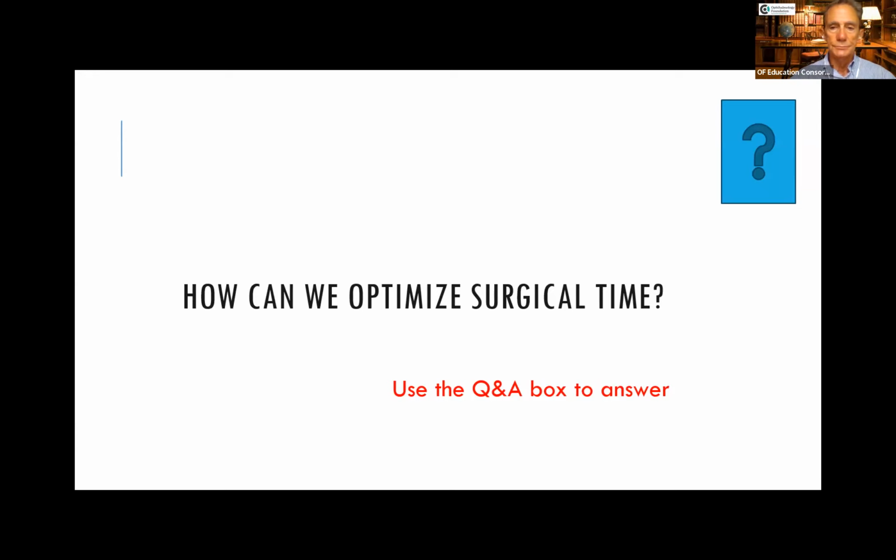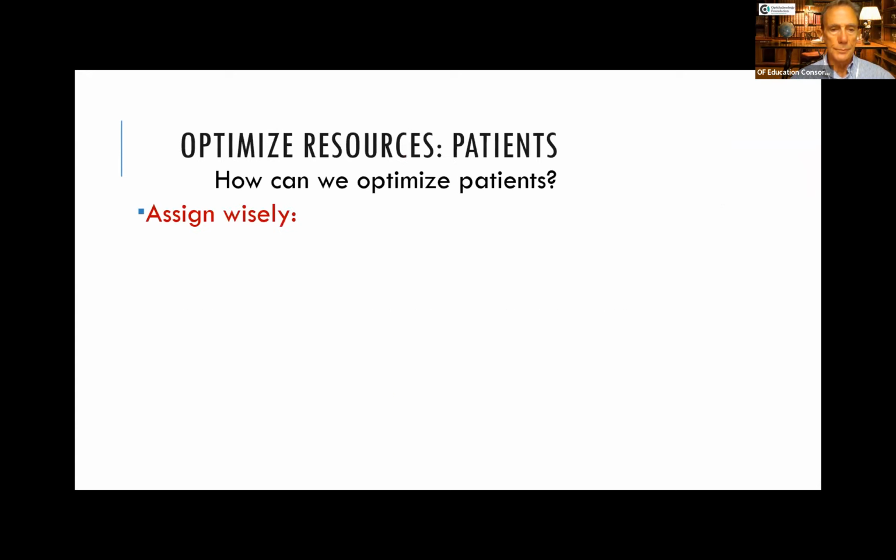Okay, so let's see what I have to say about this topic. The first point I would like to point out is to assign your patients wisely. Each time a resident sits down as a surgeon, he or she is taking away an opportunity for another resident to practice.